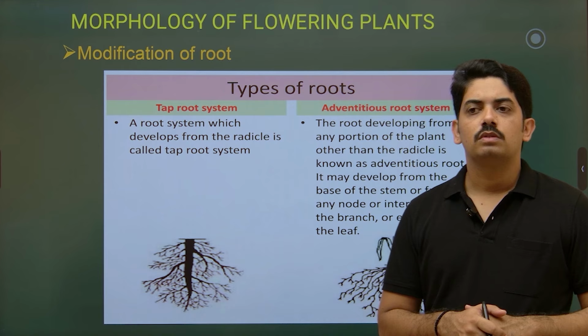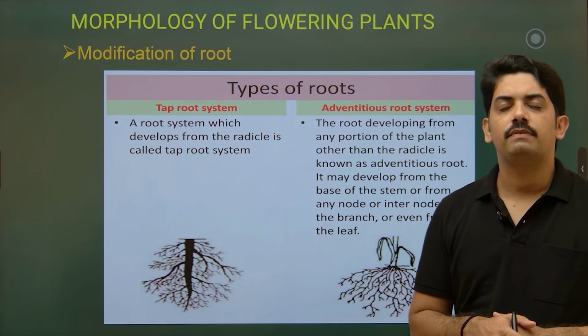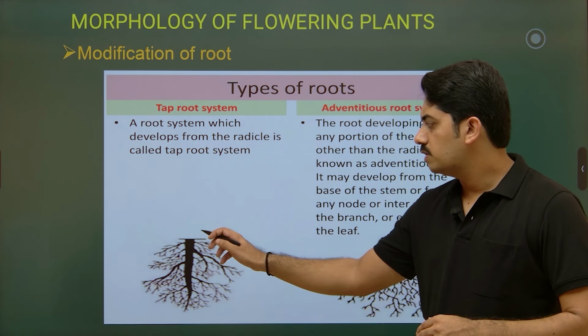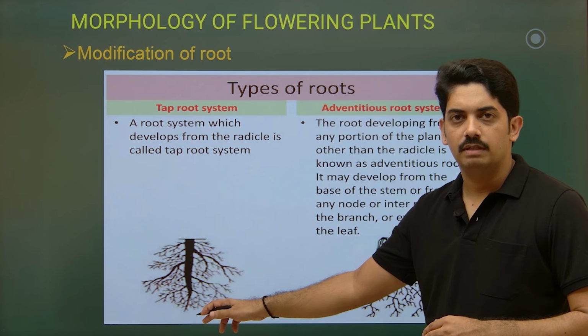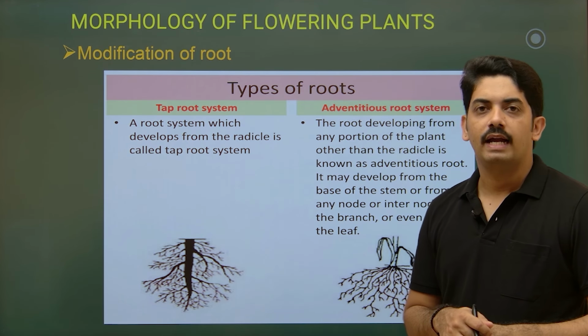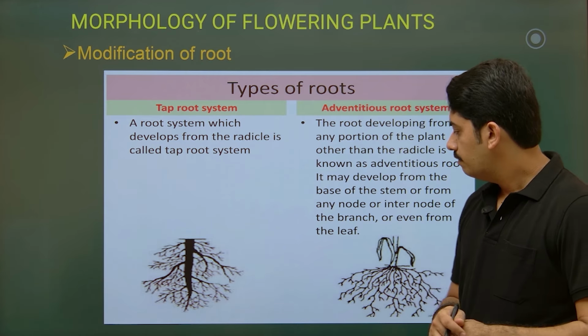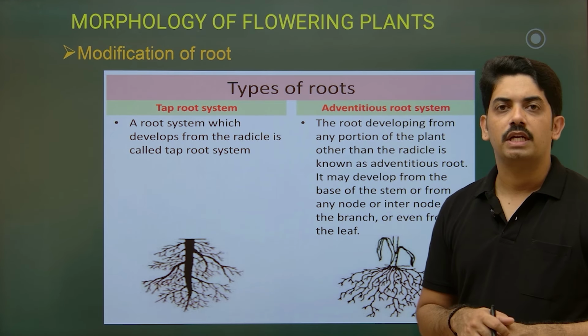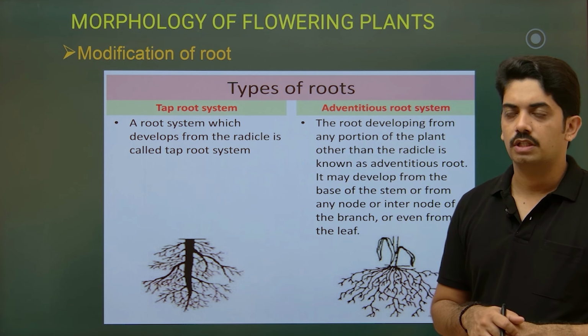Now coming to difference between taproot and fibrous root system, you can clearly observe here there will be a prominent mother root and they give rise to secondary root and tertiary root. But when we look at the fibrous root system, you cannot differentiate primary, secondary and tertiary roots.